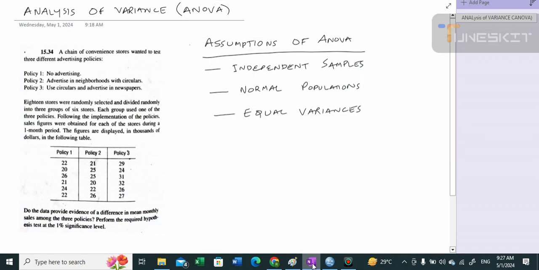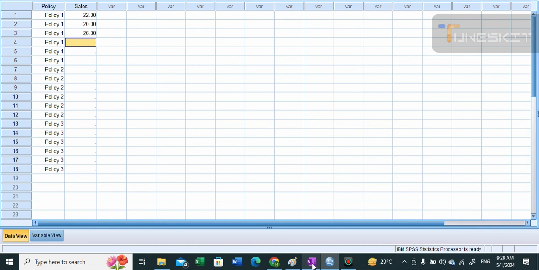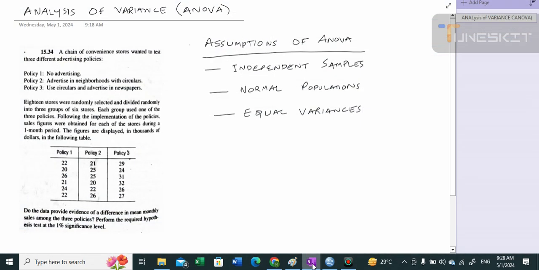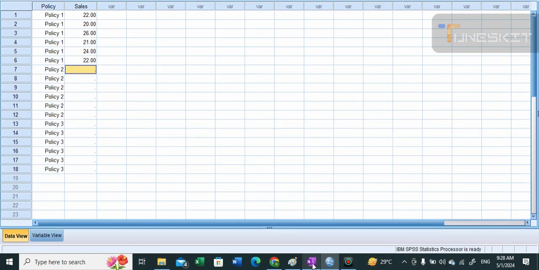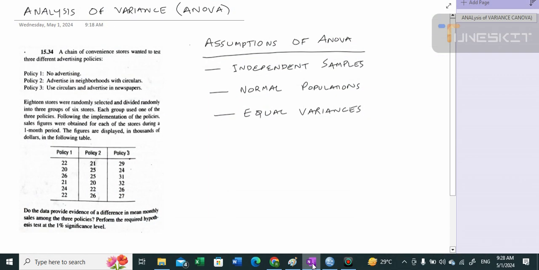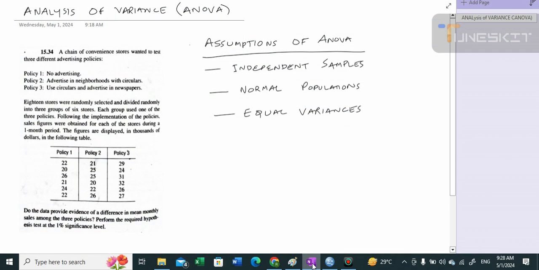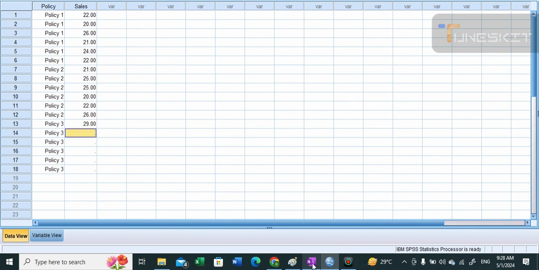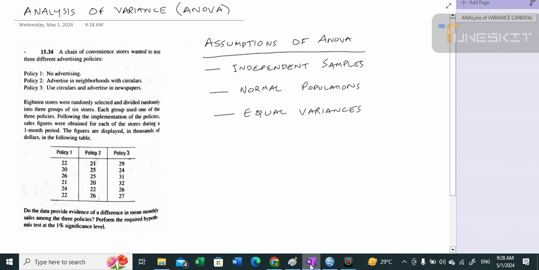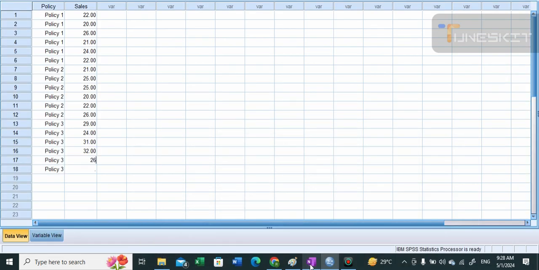Then we have 21, 24, 22. Then 21, 25, 25. 20, 22, 26. 29, 24, 31. 32, 26, and 27. So this is how we have entered the data.